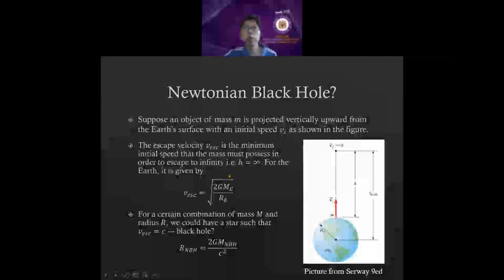Well, if you think about it carefully, this is not really the case, because notice that the escape velocity is the minimum initial speed.